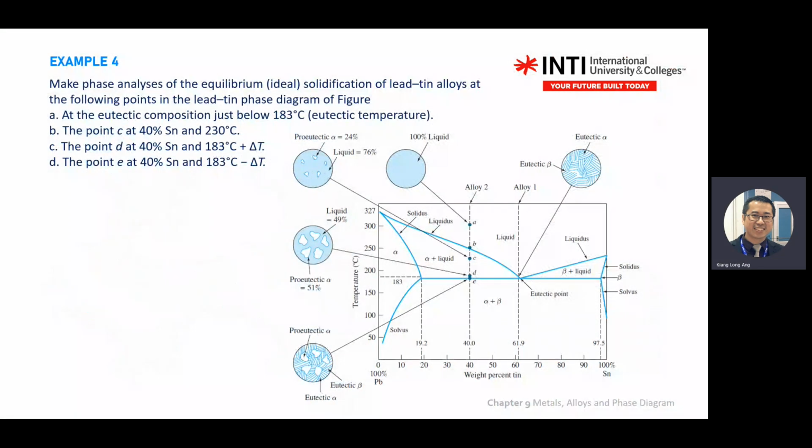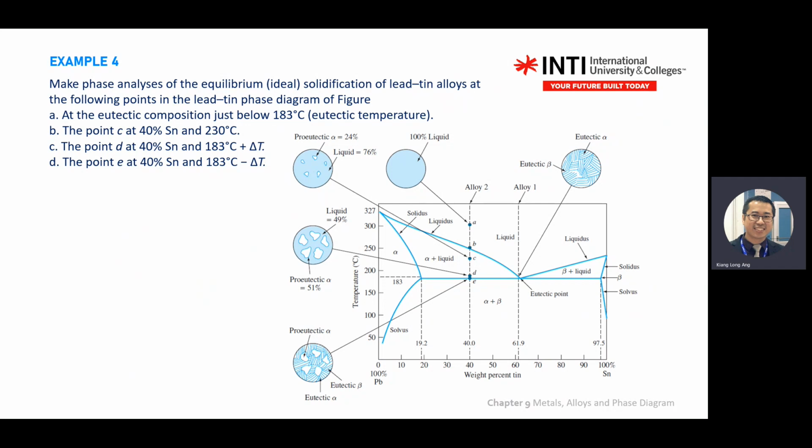Okay. Let's look at this example 4. So just recap what we learned this whole morning. You're given one diagram, and then make a phase analysis of the equilibrium solidification of lead and tin alloy. So again, look at the diagram. Sn, Pb, the far right is Sn.